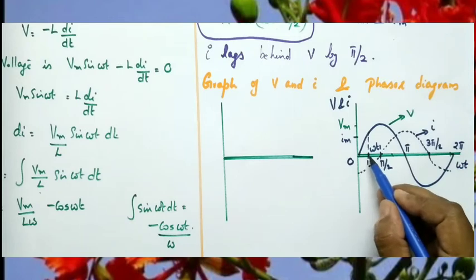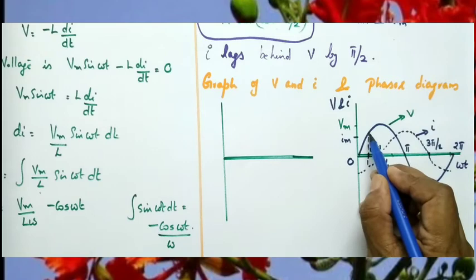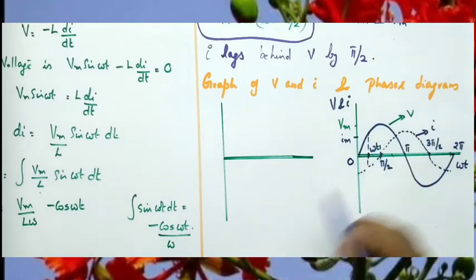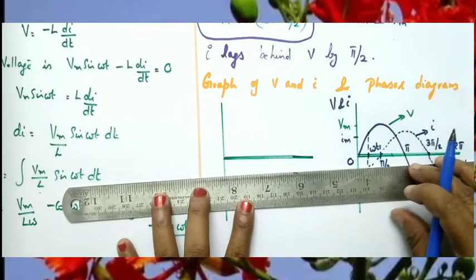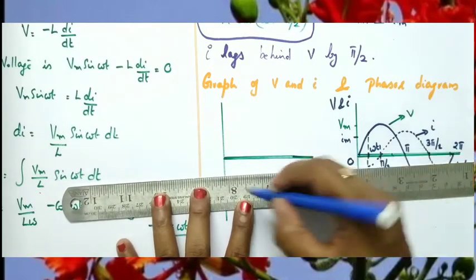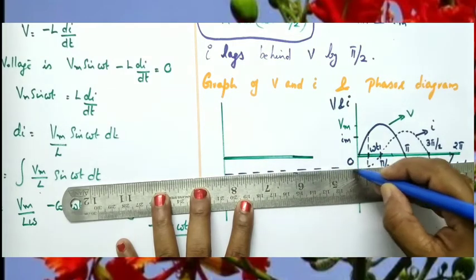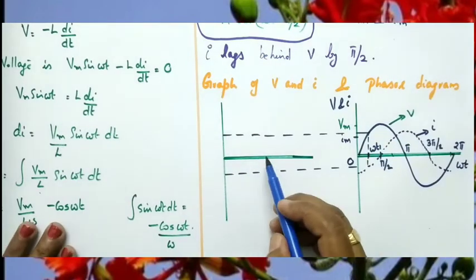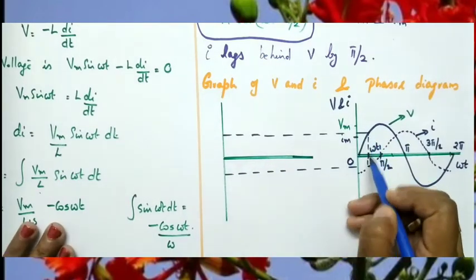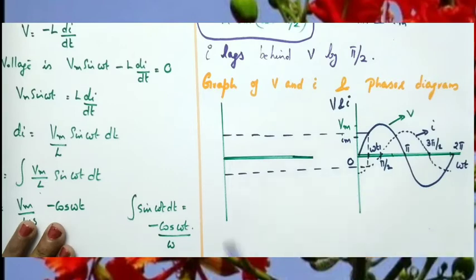From that omega t1 draw a perpendicular so that it touches the voltage curve and the current curve. Here this is the perpendicular drawn from omega t1, and here it touches the voltage curve and here it touches the current curve. Okay, children.